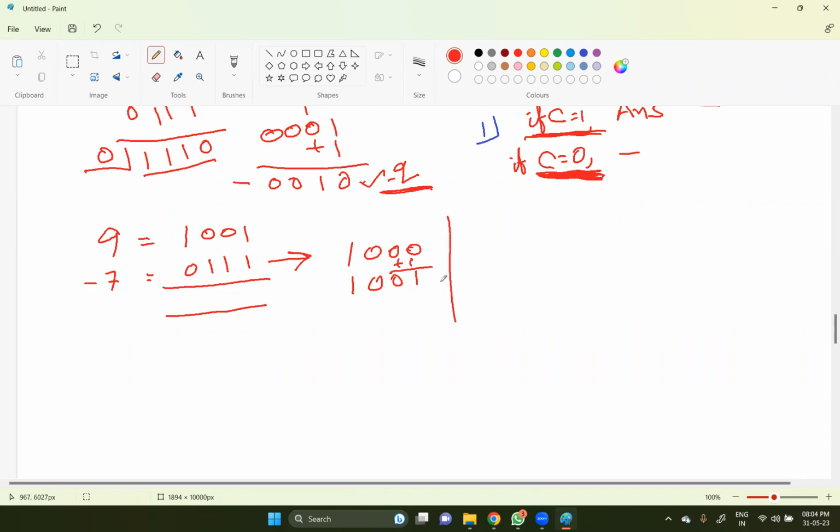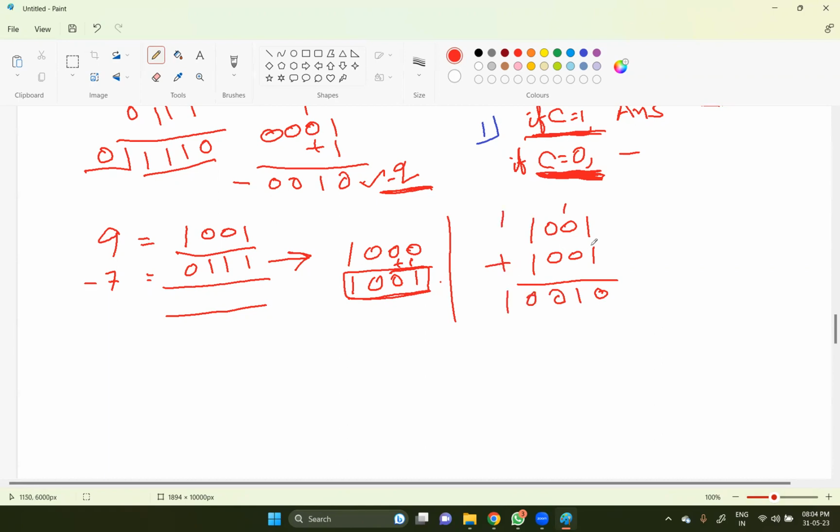After getting this value, this 2's complement form of 7 must be added to the 9. So 9 in the sense 1001, plus 1001. Look at this, 1 plus 1 is 0 with carry 1. So here it is 1, here it is 0, here it is 0 with carry 1, and of course a final carry 1.